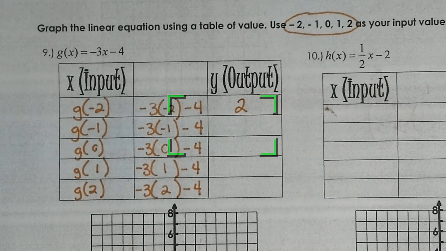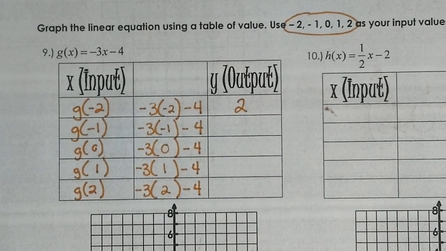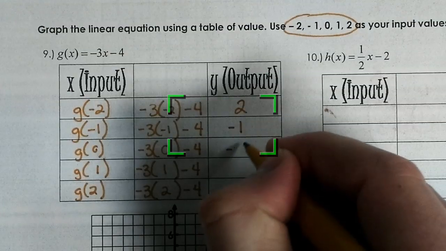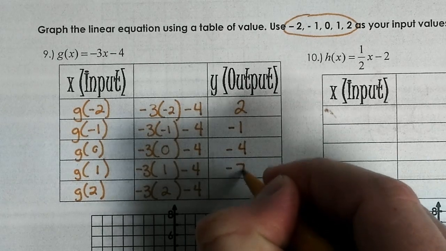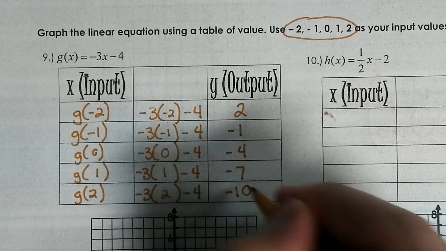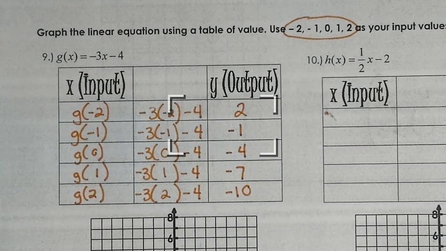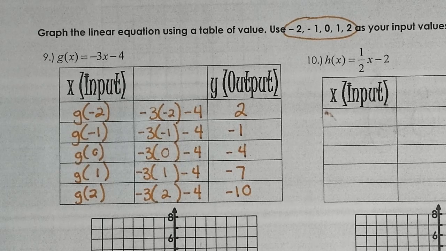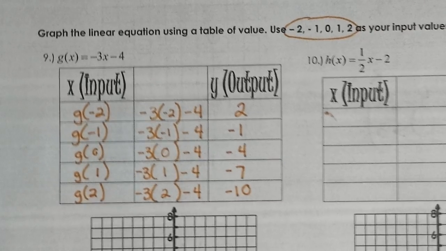So again, use your calculator to plug that in to get your outputs. Just to save a little bit of time, I went ahead and put them up there so you can check your answers.